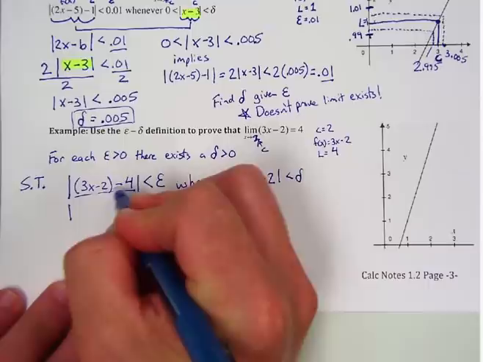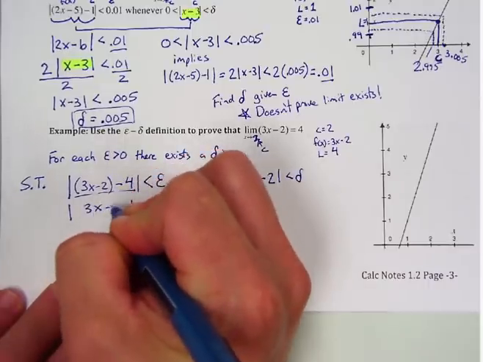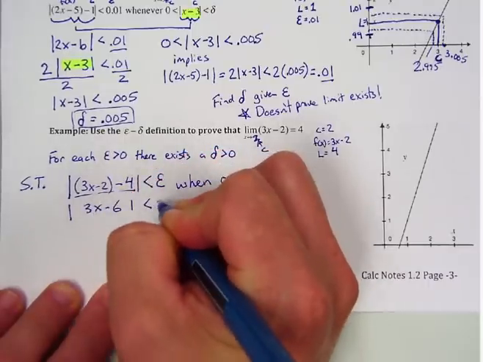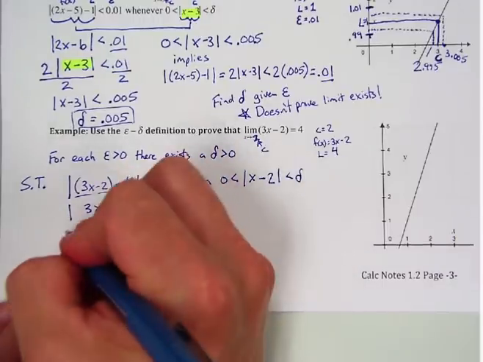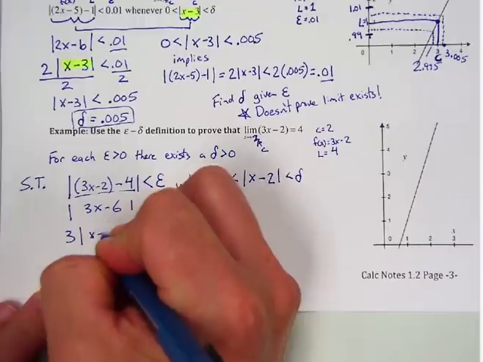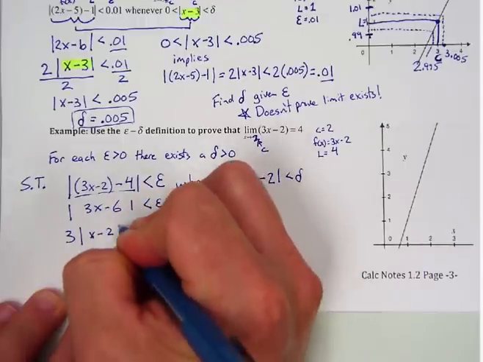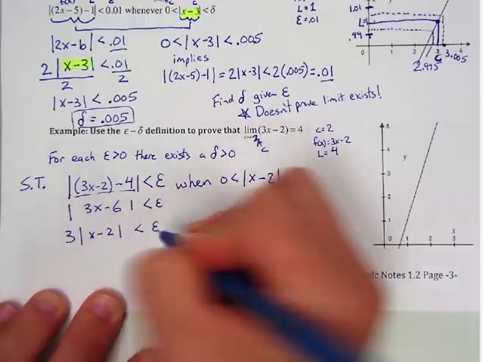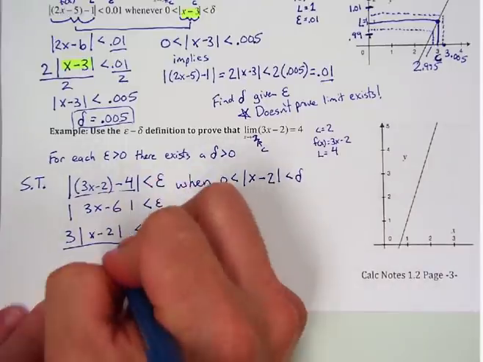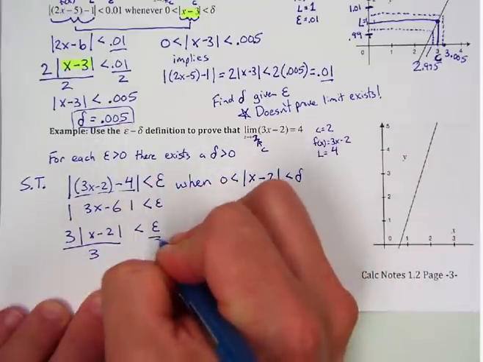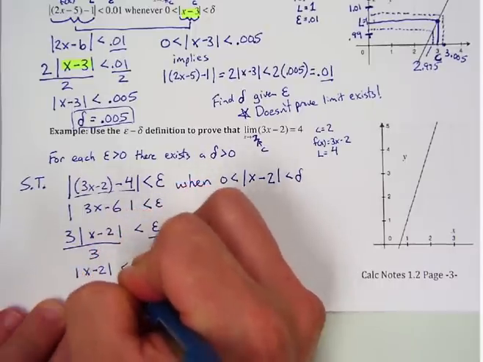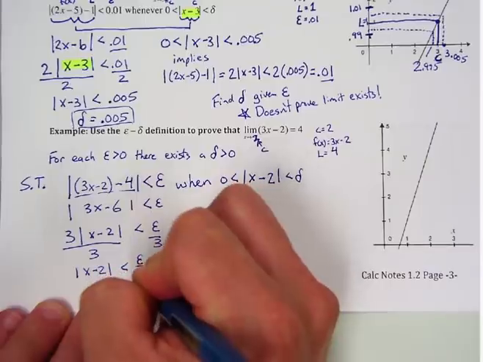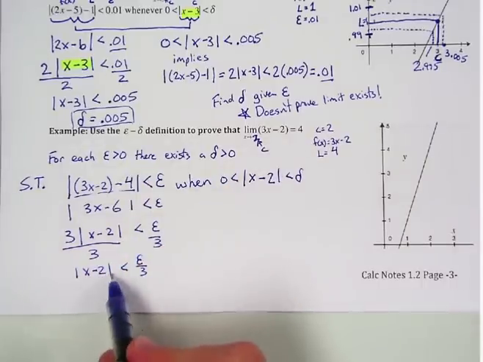So this becomes the absolute value of 3x minus 6 less than epsilon. We can factor out the 3, and then divide the 3 to the other side. So we get the absolute value of x minus 2 is less than epsilon over 3.